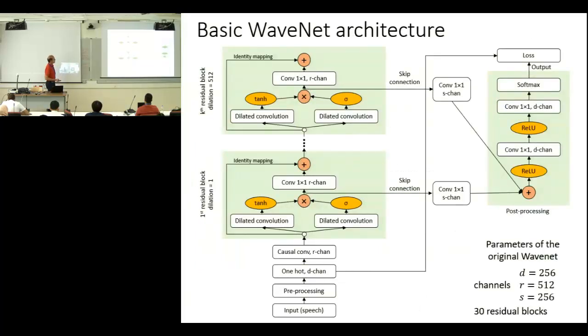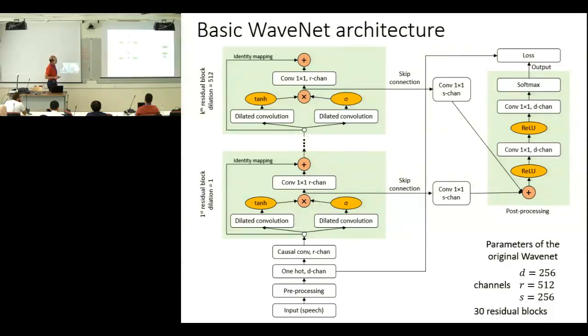And here is another picture which describes the architecture. This is the input. This is some preprocessing, mu-law transformation and one-hot encoding. This is the causal convolution to change the dimension of the quantization level to the residual levels. This is the block with the residual connection.